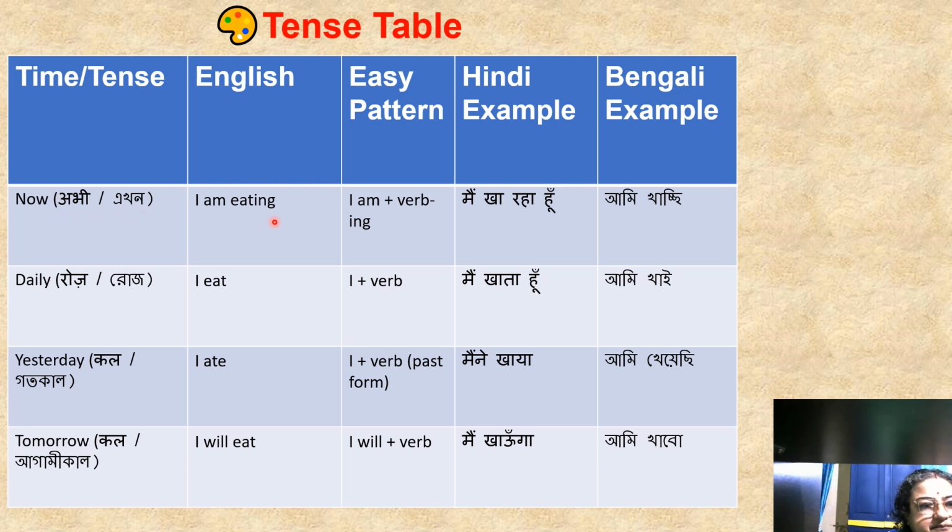So time, now, abhi, এখন, English: I am eating. Easy pattern. What is the pattern of this sentence? I am plus verb plus ing.